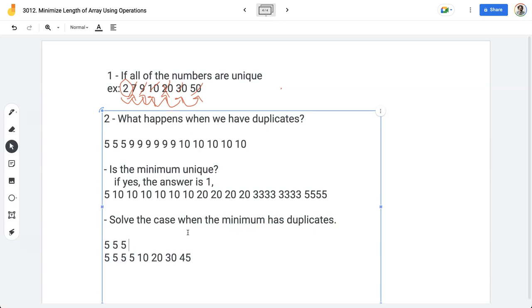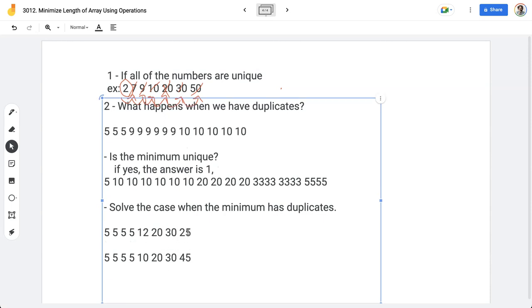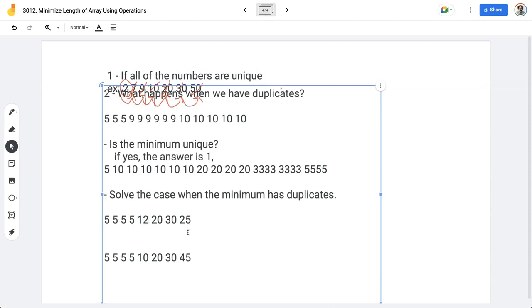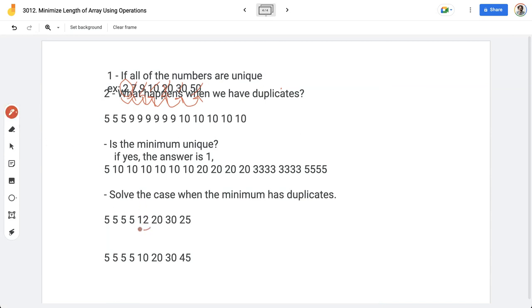Take 5, 5, 5, 5, 12, 20, 30, 25. In this example, I can take 12 and 5. So 12 % 5 is 2. That means now my minimum is unique.